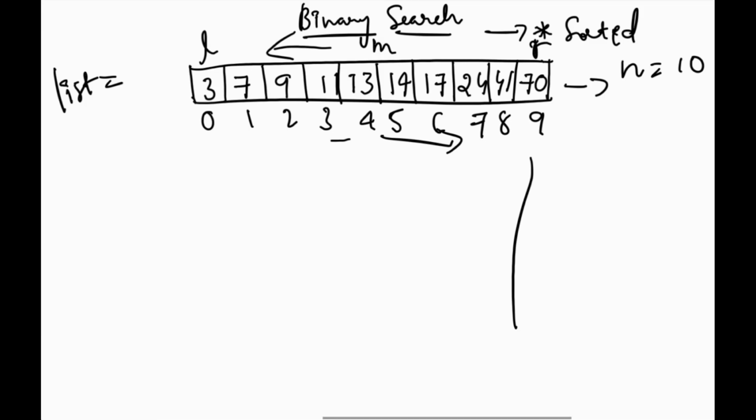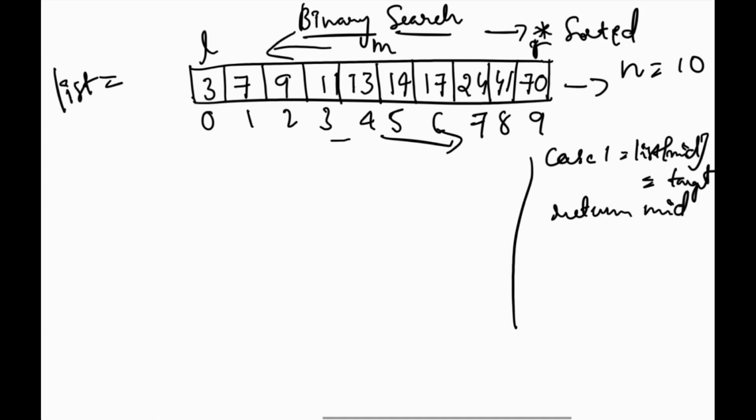So let us write down the conditions. Case one: if list of mid is equal to the target, then return mid. Case two: if list of mid is greater than the target, which means the target is less than the middle value, then we'll move to the left side.